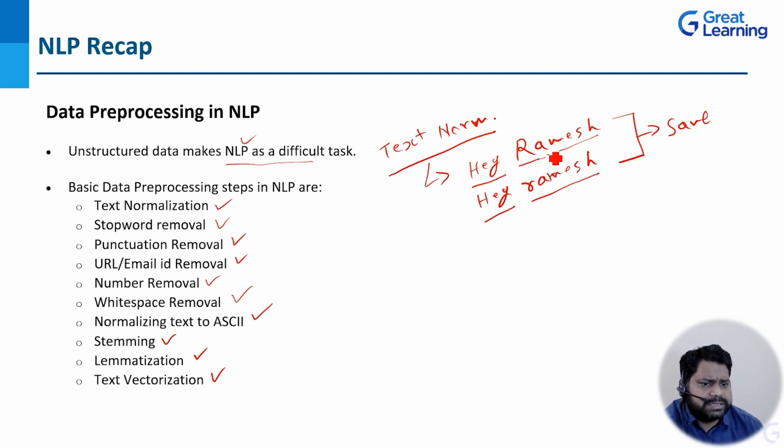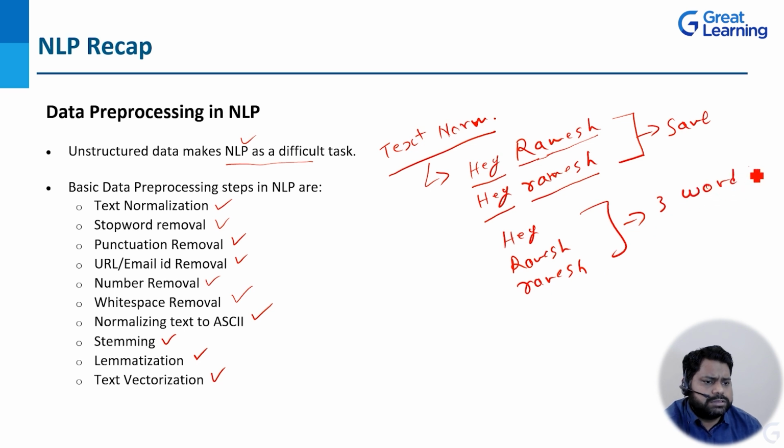So what will it consider? It will consider that there are a total of three words or tokens: hey, Ramesh and Ramesh. Okay. So is it true? No, this is not true because both are the same.